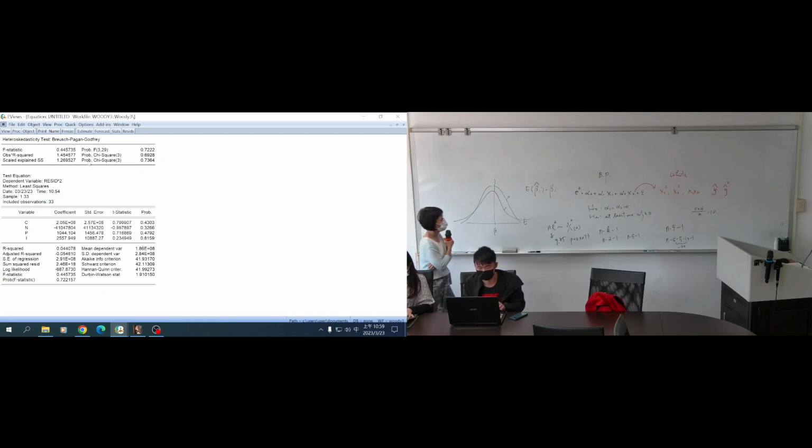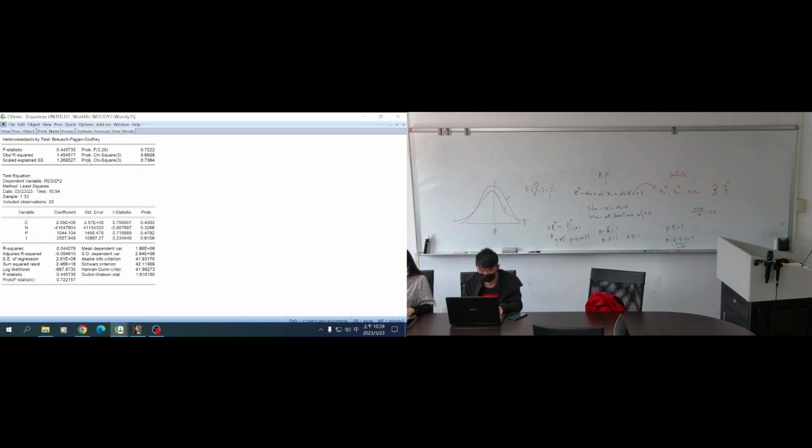So this is the most popular remedy: just directly correct the standard error. Remember that the heteroscedasticity problem affects only the standard error, not the coefficient.